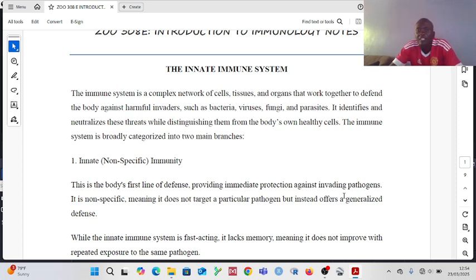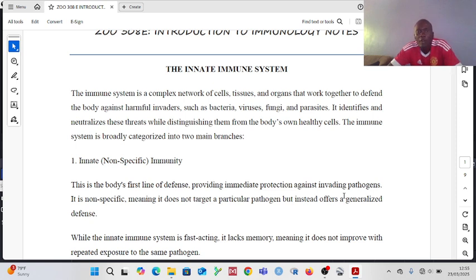So these invaders, which are harmful, that the immune system defends the body against, include things like bacteria, viruses, fungi, and parasites. So for it to be able to defend the body against these potentially harmful invaders, the immune system must be able to identify them so that it can know that this is a harmful invader.